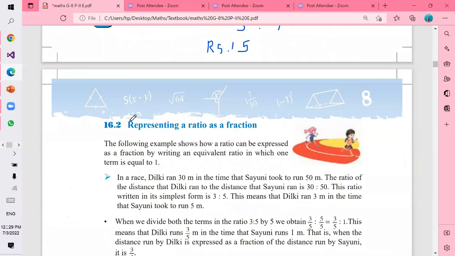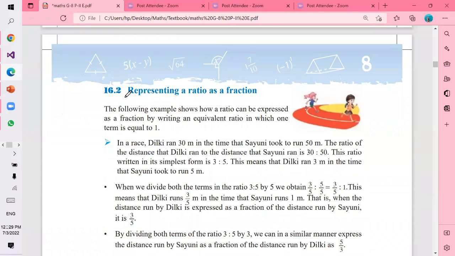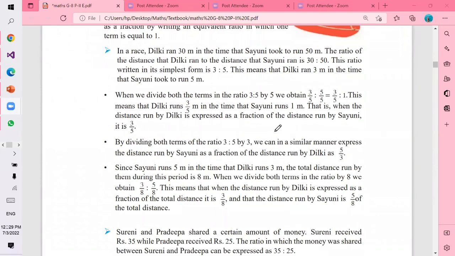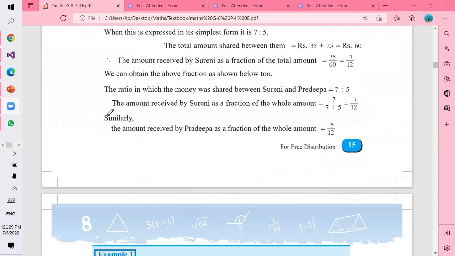Okay. So next part is representing a ratio as a fraction. Oh, so we only have Viara. Okay, it's fine. So this is very easy. For example, if I give a ratio like 5 to 6, how can we convert this into a fraction?